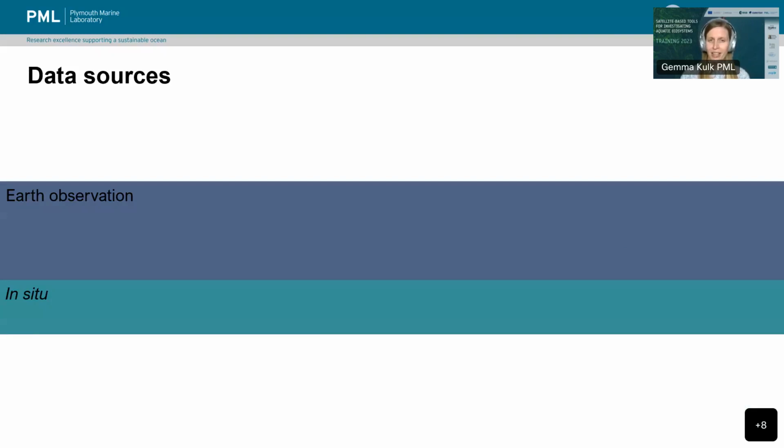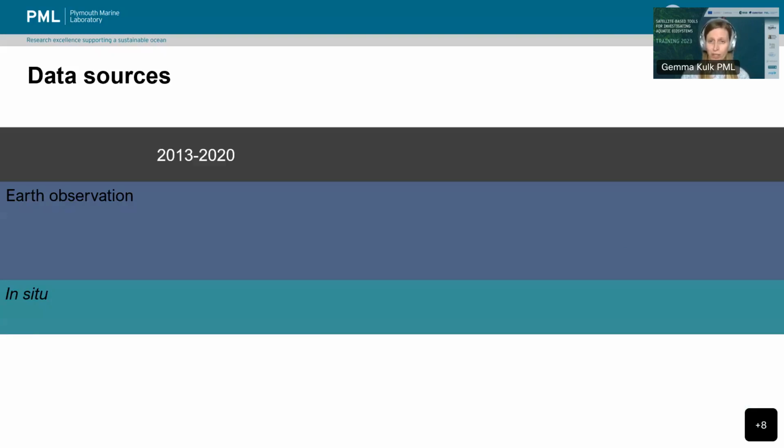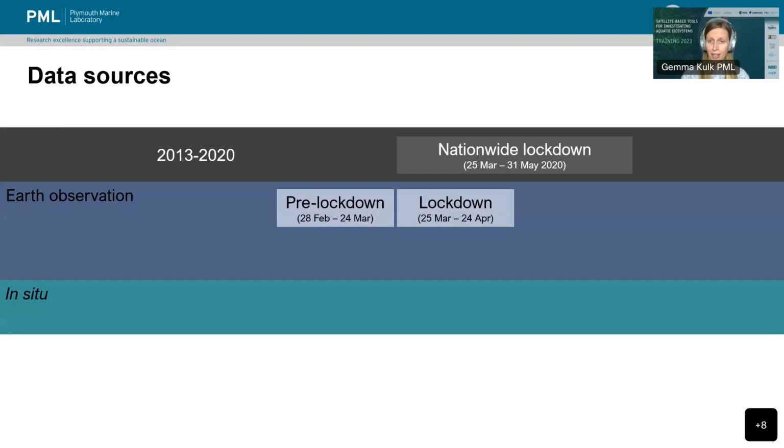We analyzed data from 2013 to 2020, with a nationwide lockdown in India occurring from the end of March to the end of May. The remote sensing observations were divided into pre-lockdown, lockdown, and post-lockdown periods, with observations from May to September typically being obstructed by cloud cover due to the monsoon season.